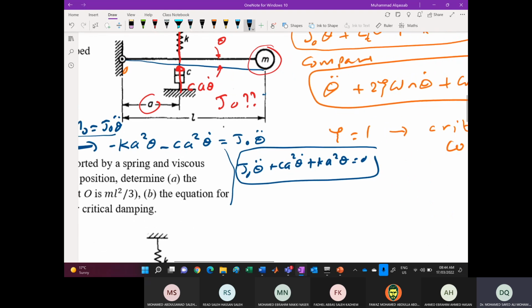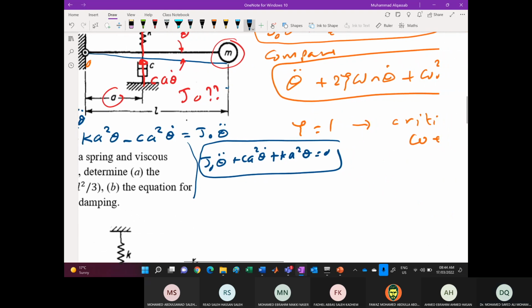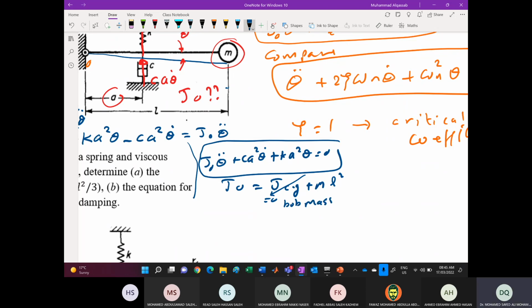We put in Jo first, okay, is equal to JCG, which is 0, plus M times the distance squared, L here. Okay, the location of the mass from the pivot. It is L, D, whatever it is given. We use that. So it is M times L squared, and this is 0 because this is a bulb mass. Its JCG is 0.